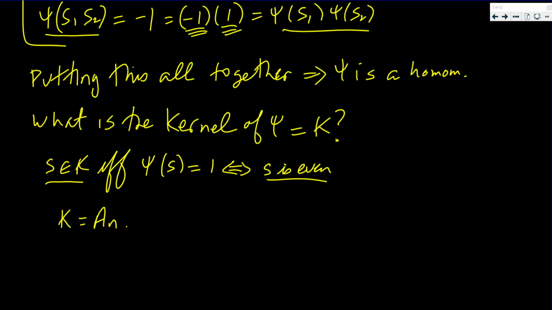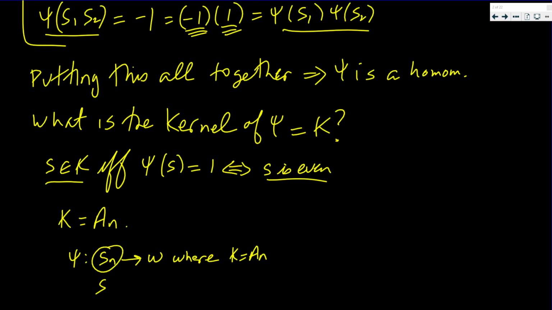Okay, now let us see what we have. We have phi, which is a mapping from Sn to W, where the kernel is A sub n.